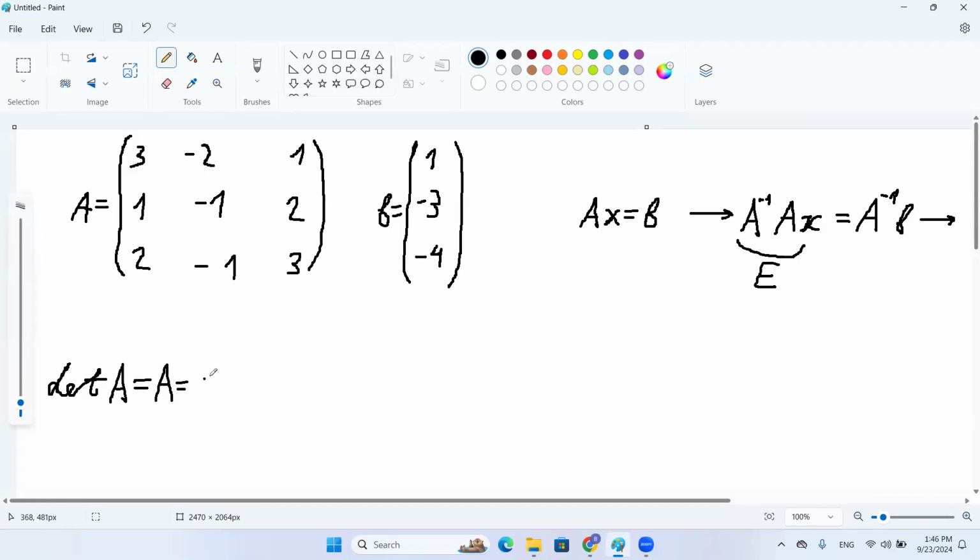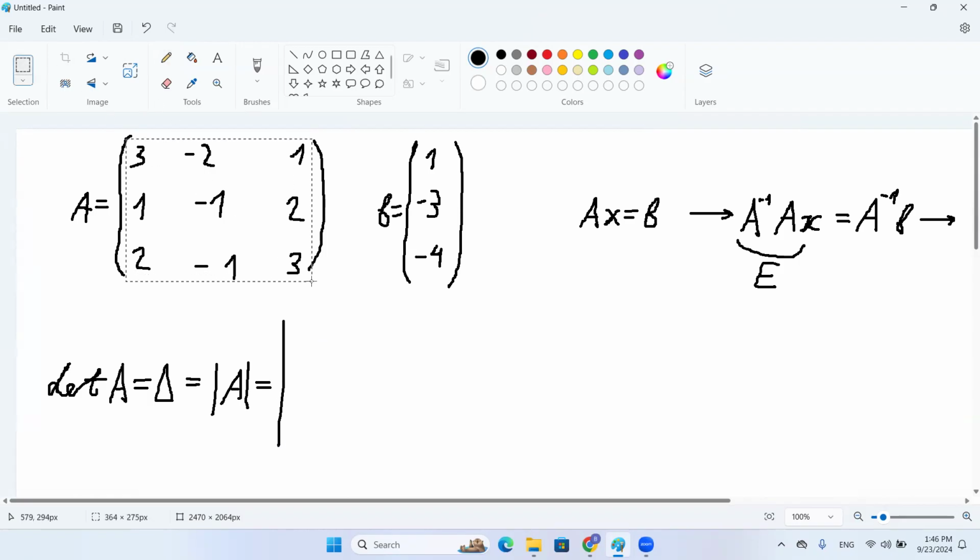Or maybe like a module, doesn't matter. So there are different ways to mark it, and now let's calculate. Let me copy and paste it for saving our time.